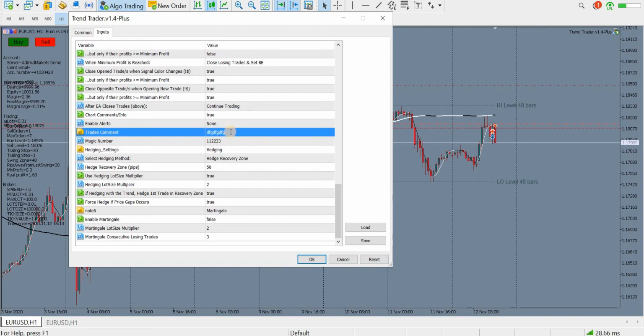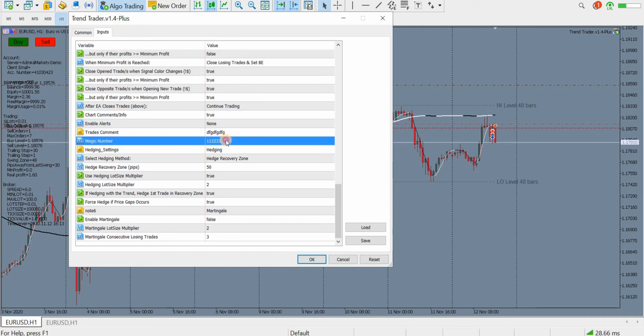Leave it because the EA uses the comment to better monitor the trades, and it also uses the magic number. That should go without saying. But in case you don't know, if you are using the same expert advisor on the same chart, or similar charts, I mean USD and another USD chart, then you will have to have different numbers for each of these charts. So the magic number is unique per expert advisor, per chart, per symbol.